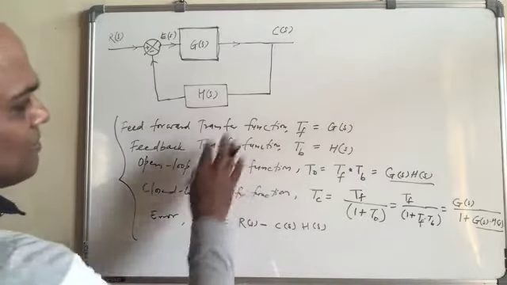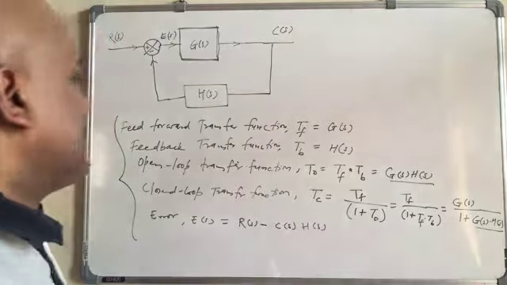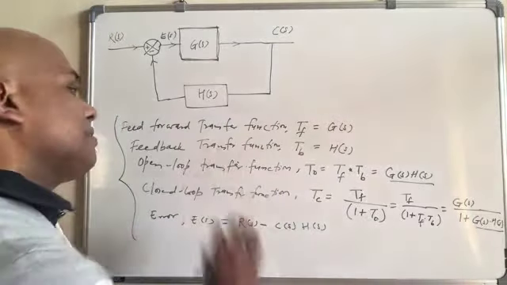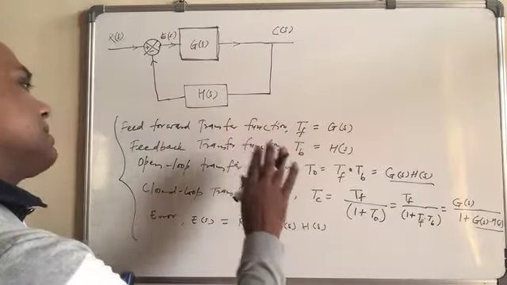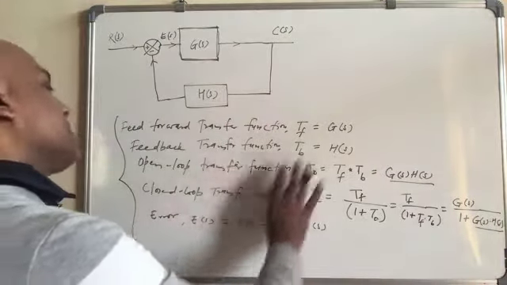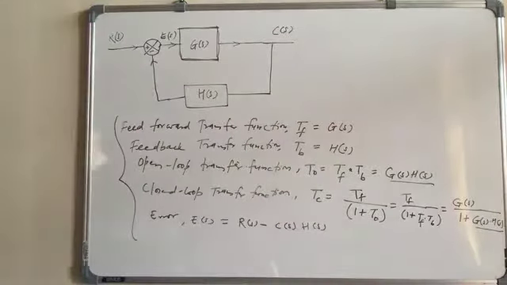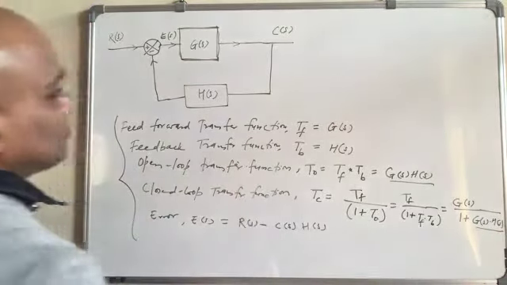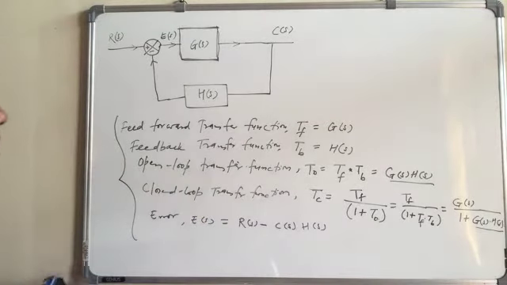This is as per your book also. If I have told anything differently, please consider that from now onward we will be doing it like this only. This is as per your textbook. These are some terms which are used.